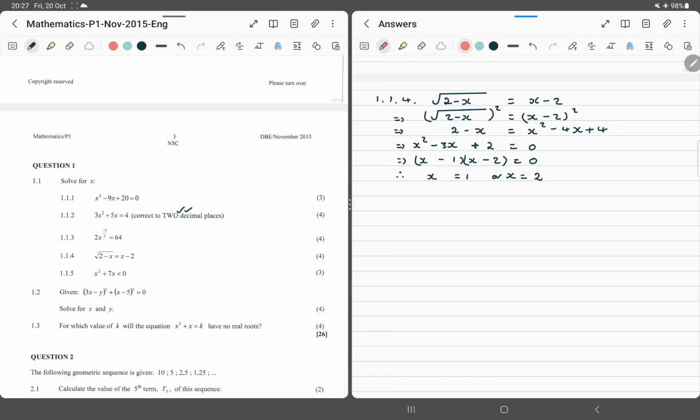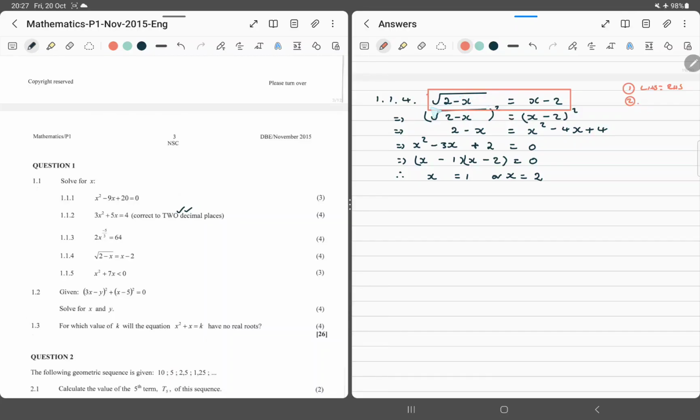So now we've got to check our solutions against the original. So what are we checking against the original? Two things. One, the left hand side has to equal the right hand side. That's the main check, essentially. But there's a second one that we need to consider.